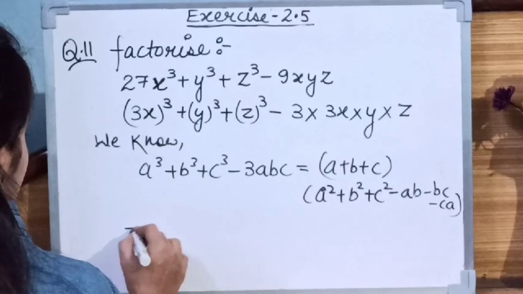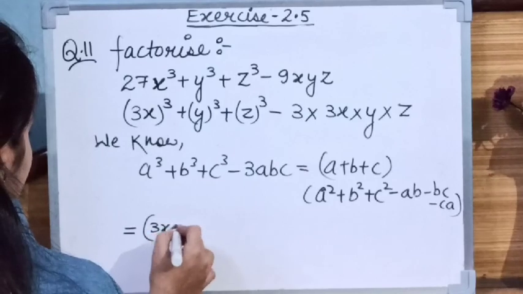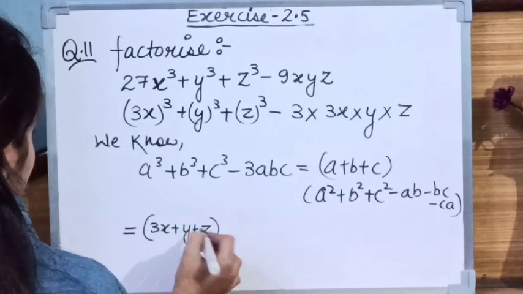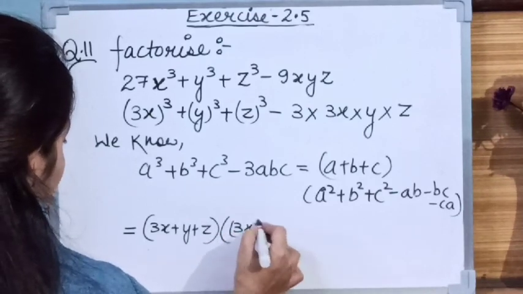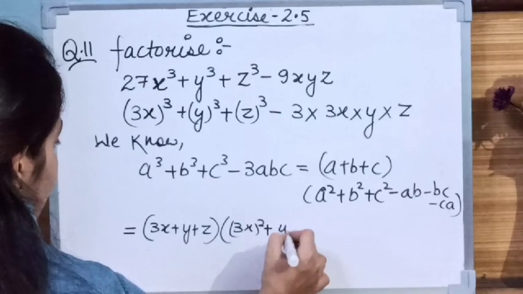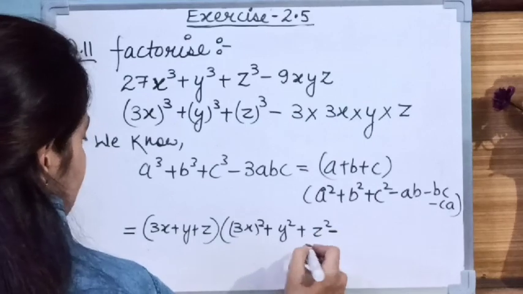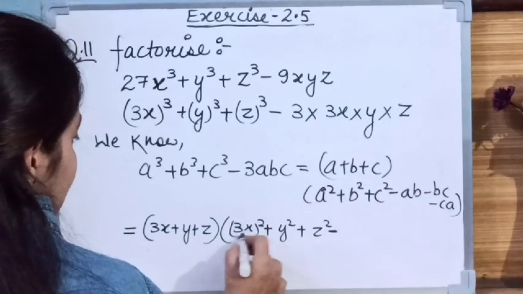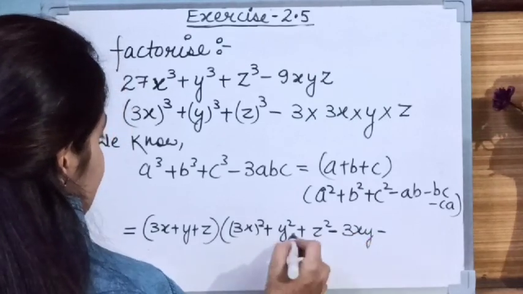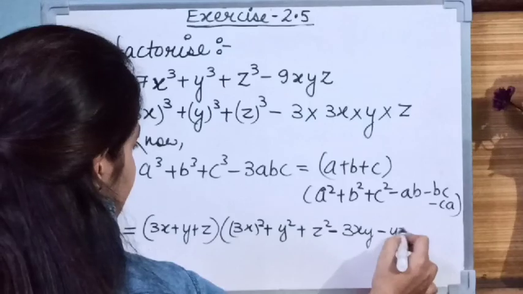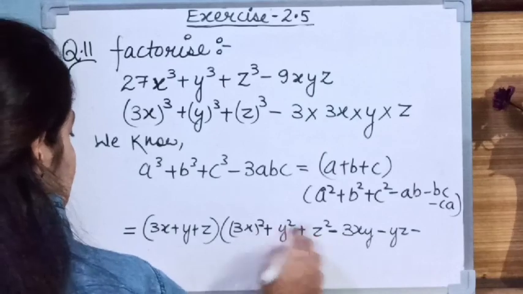So I am going to place it over here, a plus b plus c, then a is 3x, b is y and c is z in the one bracket, and then a square, that is 3x whole square, plus b square, that is y square, plus c square, that is z square, minus ab, that means a is 3x and b is y, so we are having 3xy, minus bc, that means yz, and minus ca, c is z and a is 3x, so I am going to write 3xz.